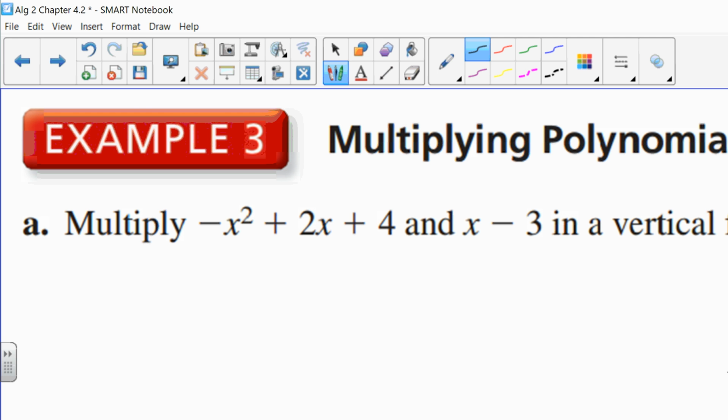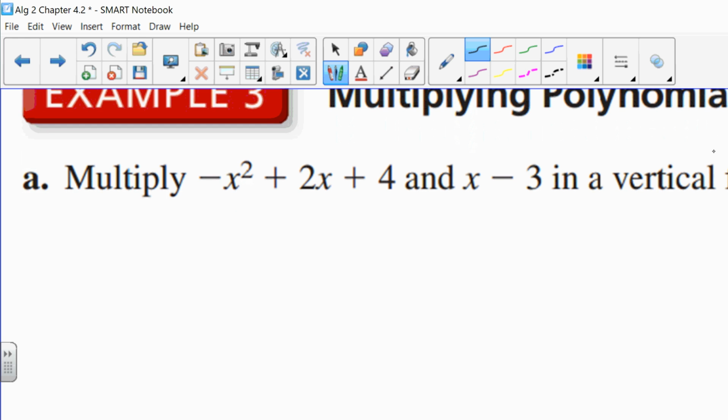Multiplying these vertically isn't something that's completely new to y'all. You've done vertical multiplication before. It's just been a while. It'd be doing something like 12 times 13 or 13 times 12.